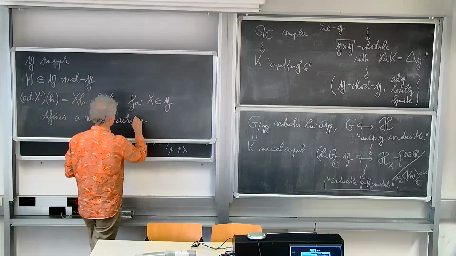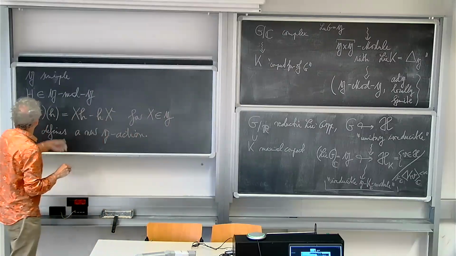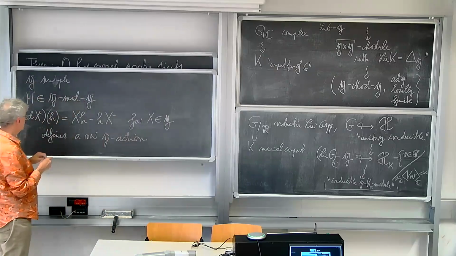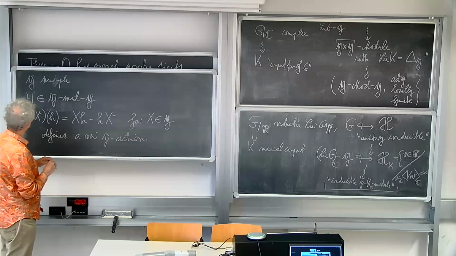This much is true for every Lie algebra: if there's an arbitrary Lie algebra and a bimodule, then we have this adjoint g action.